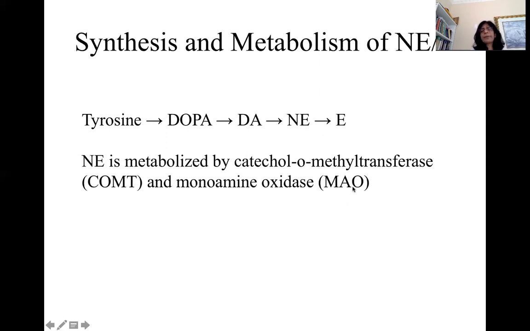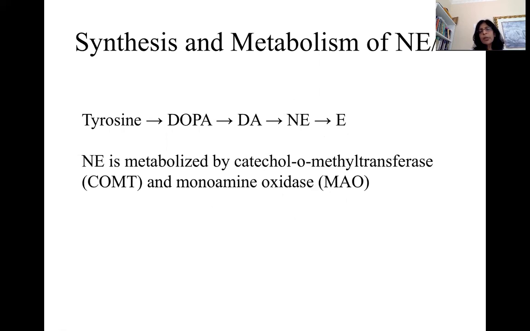There are subtypes of MAO, MAOA specifically for norepinephrine, and then MAOB for dopamine metabolism. Norepinephrine is important and is associated with depression. So in patients with mental depression, you may use drugs such as monoamine oxidase inhibitors, MAO inhibitors, so that you have norepinephrine in larger amounts for a required amount of time.